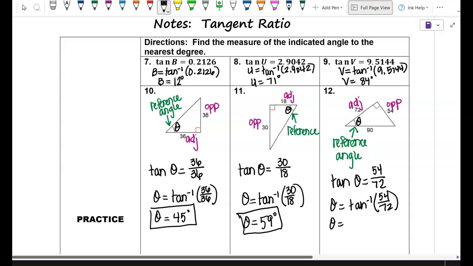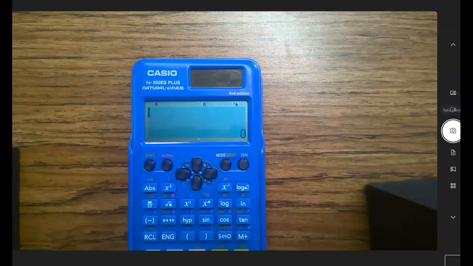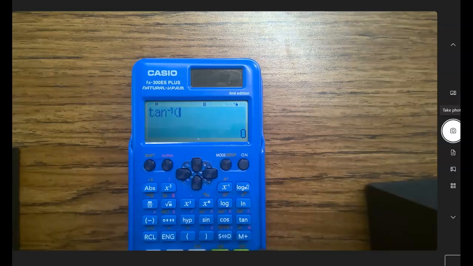So again, I'm going to switch over to my calculator. So I'm going to do shift tangent, and then I want to do that 54 divided by 72, end my parentheses. Let the calculator figure it all out at once for me.